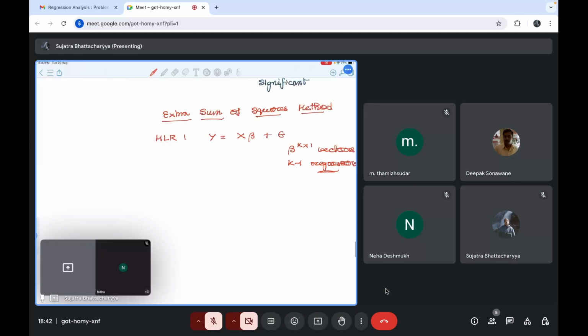Now our aim is that we would like to determine if some subset of regressors, say r, which is less than k minus 1, contributes significantly to the regression model.